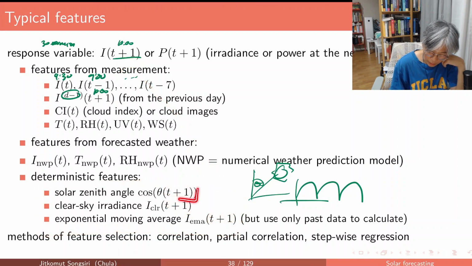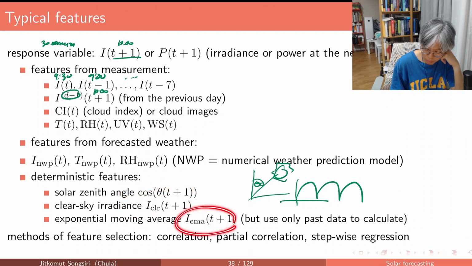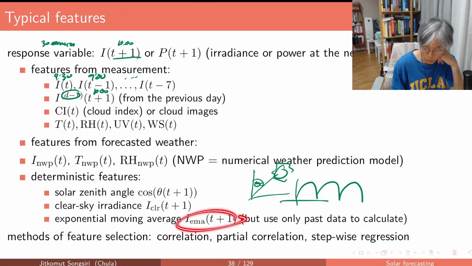But you can compute this value at time t because it is from a mathematical model, and for the EMA, you have to look at the detail. The EMA only uses the past data to calculate, so it can be calculated at time t, but it releases the value of time t plus 1.